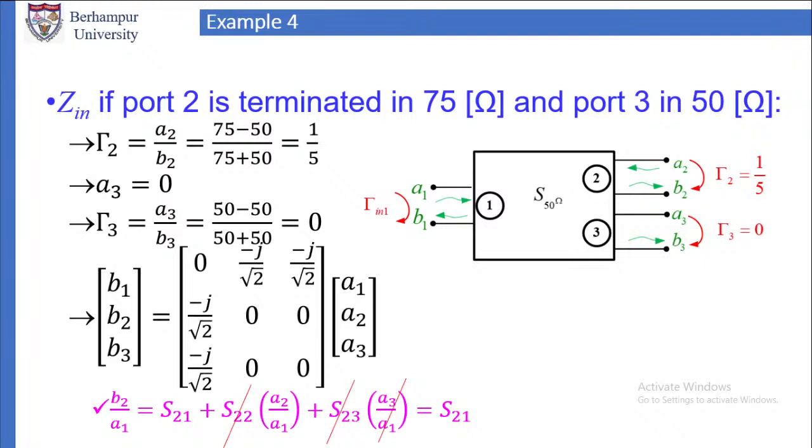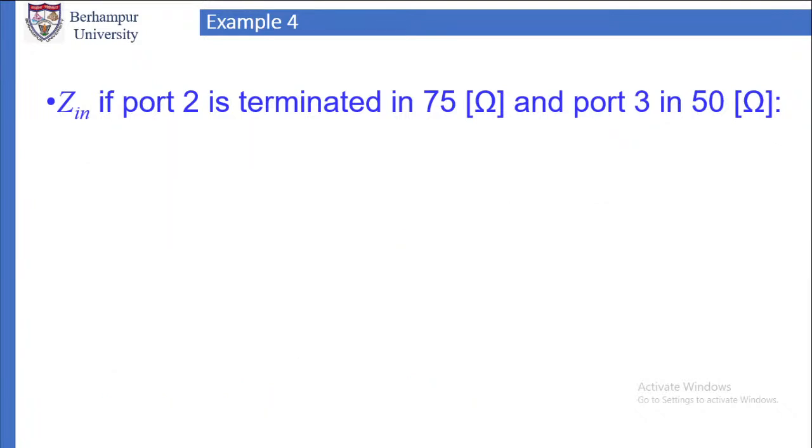Look at the S matrix. S22 is equal to 0 in the S matrix, S23 is equal to 0, and A3 is also 0. So if you put this, then B2 by A1 is equal to S21. Okay.